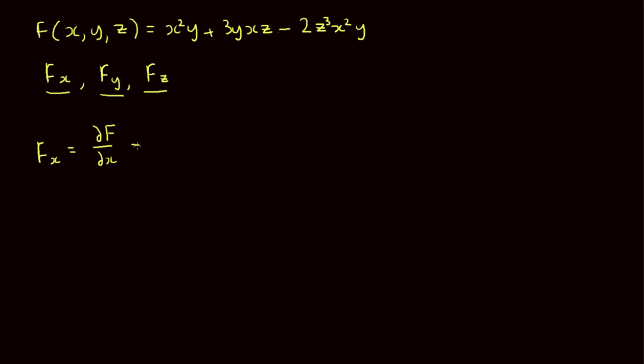When you solve this partial derivative, it's just 2xy plus 3yz minus, since this is a 2 and this is 2 to the power of 2, you multiply together to become 4xz cubed y.